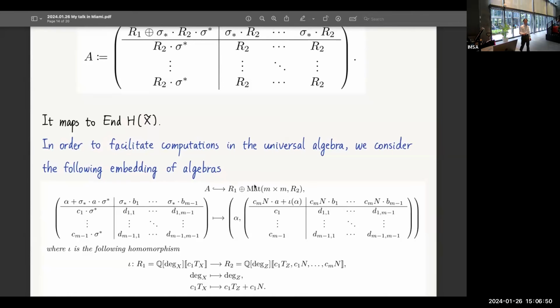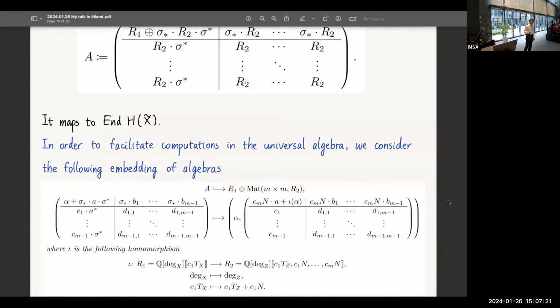We embed this universal algebra A, given by block diagonal matrices of this form, into this ring R1 direct sum of m times m matrices with entries in R2, given by this formula.